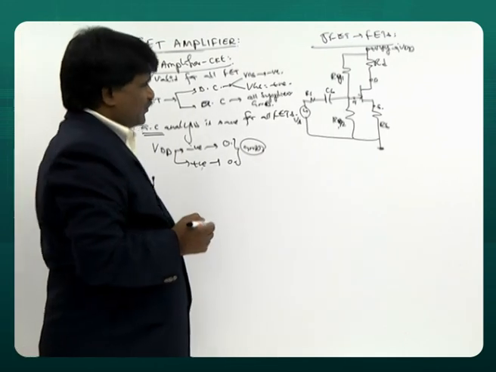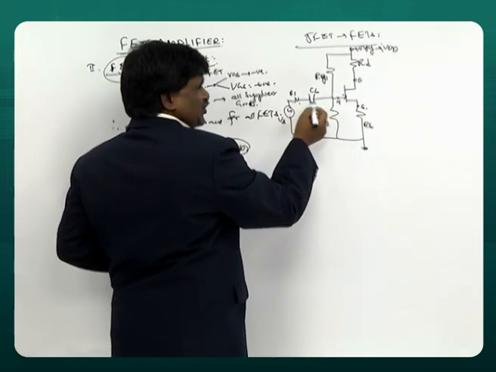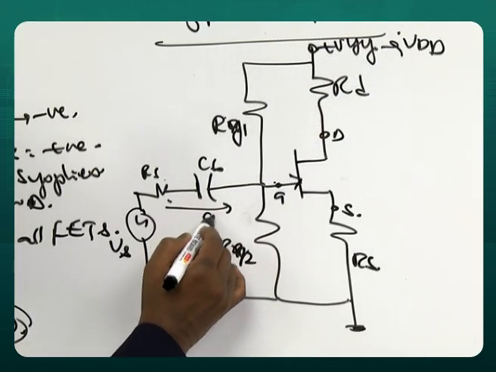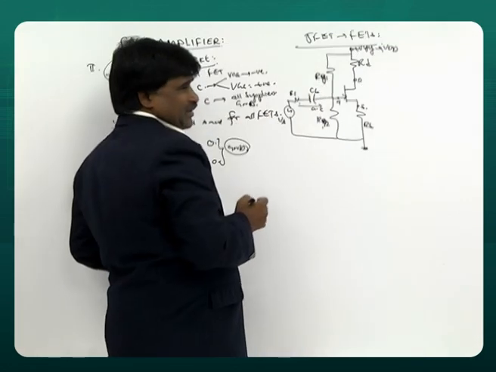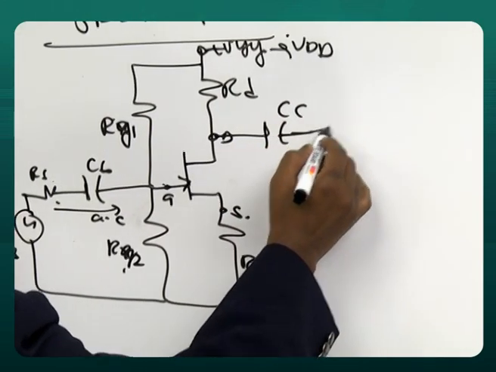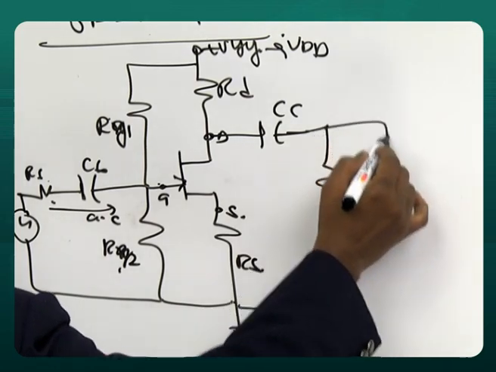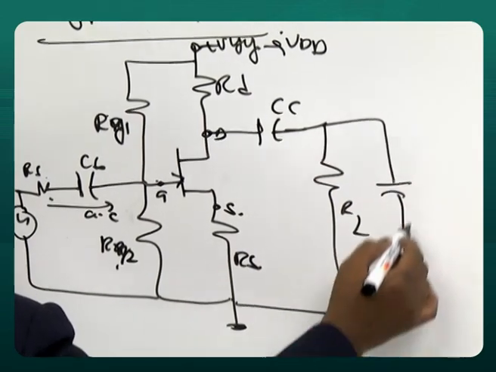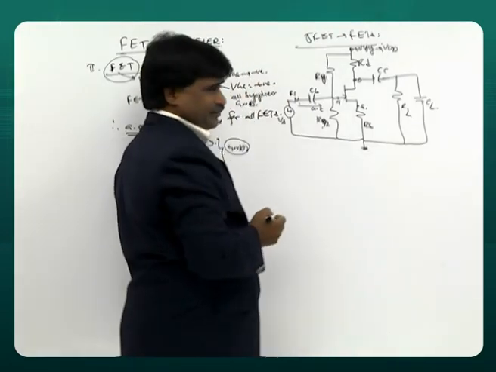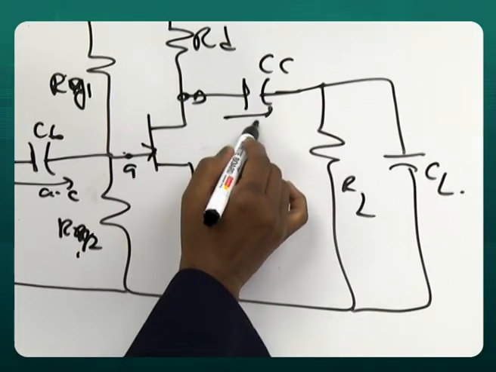What does it block? It blocks DC, allows only AC. Similarly, at the output also, we need a capacitor which allows only AC, and then we have RL and a capacitor called CL. So this is to allow only AC.